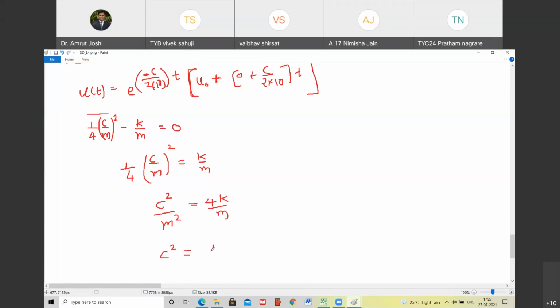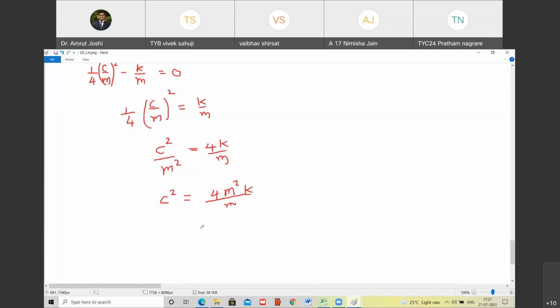C square therefore is 4 M square K by M. Happy? Are you with me? Nimisha, please type your response in the chat box. Have you understood this part? So C square is equal to 4 MK. Please let me know if you have understood this part.